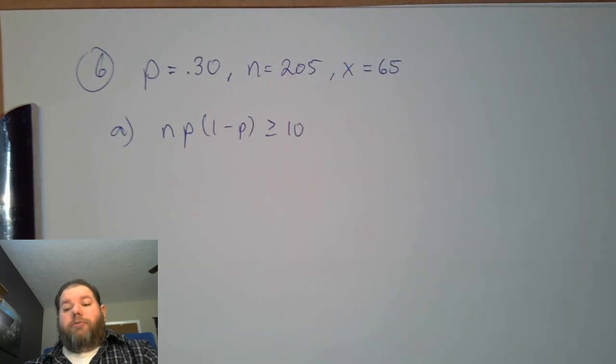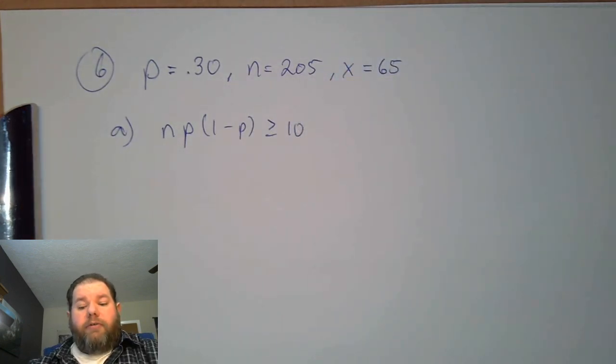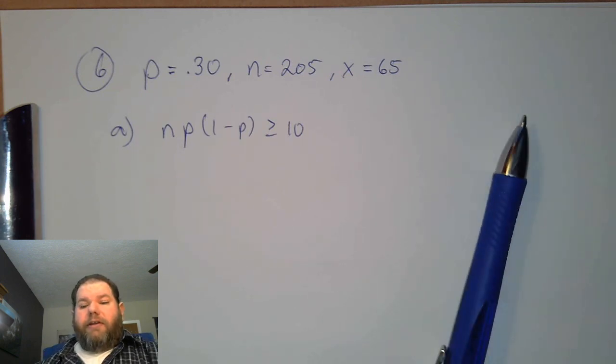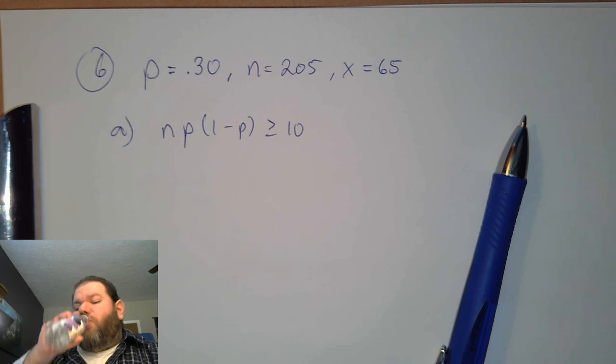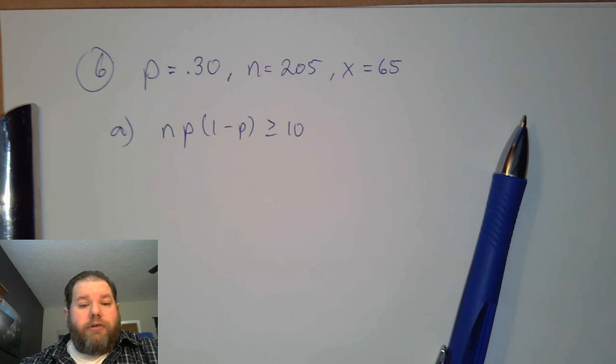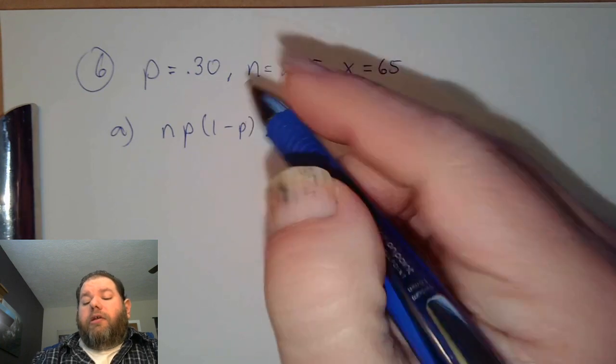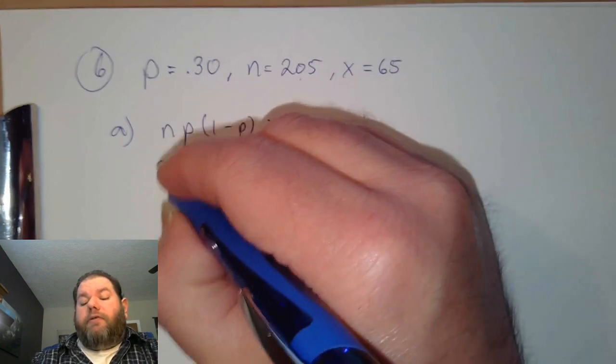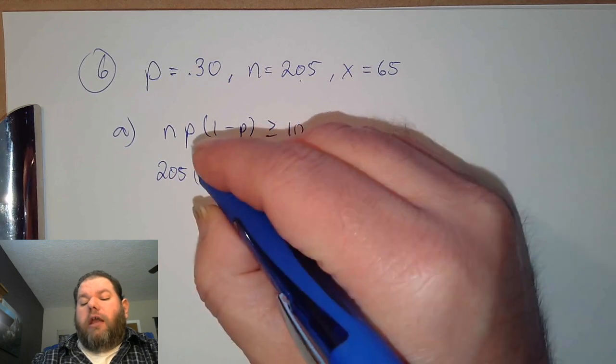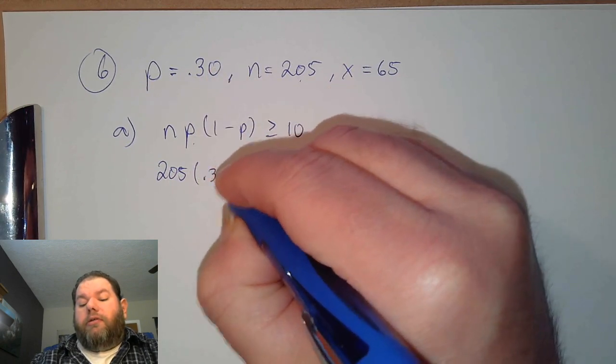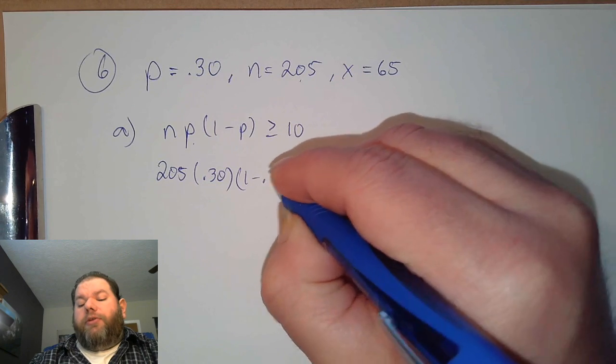Now, to show that it's approximately normally distributed, we have to demonstrate n times p times 1 minus p is greater than or equal to 10. So in this case, I will prompt you for the value of n times p times 1 minus p, and then it should be greater than 10. Okay, so n is 205, p is 0.30, and then 1 minus 0.30.